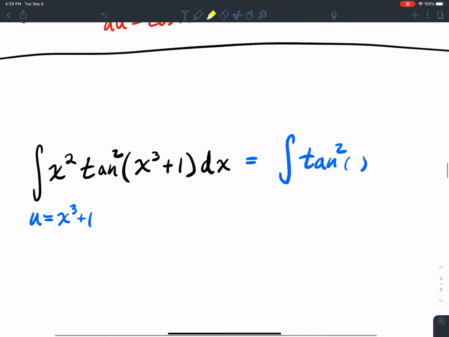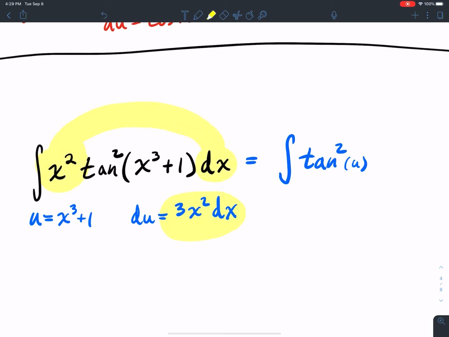So if this inside here is equal to u, then I can rewrite tangent squared of u in here. Now all I need to do is find the differential. I'm going to take the derivative of u and I get 3x squared dx. And once again, I see 3x squared dx, but out here I see x squared dx. So two options.